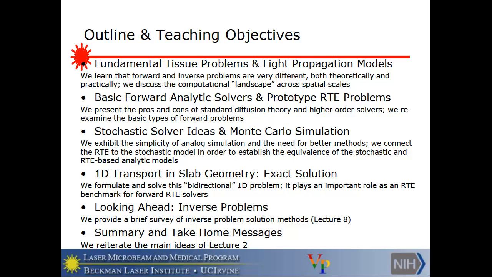Then we'll go into the stochastic solver ideas in Monte Carlo simulation, and I think the main point of that part of the lecture will be to emphasize that while Monte Carlo simulation done naively is very easy to do and very common, unfortunately it's often inadequate for describing the kinds of problems we want to solve, and it suffers from high statistical error.